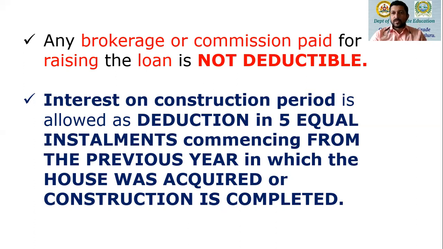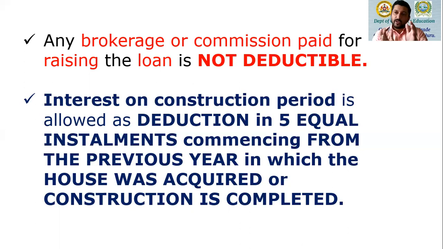In the previous year in which the construction is completed, from that year onwards, the interest the assessee has paid, termed construction period interest, is deductible in 5 equal installments. You can say 20% each year, commencing from the previous year in which the house was acquired or the construction was completed. Meaning, if the construction is completed in, say, the previous year 19-20, whatever interest you have paid during 19-20 is fully available for deduction.